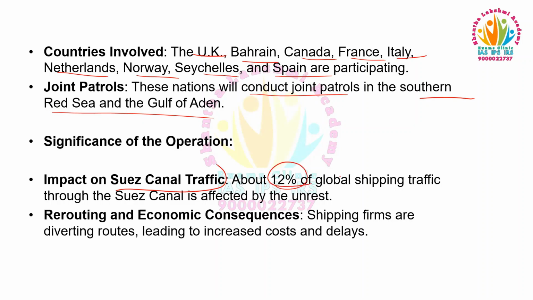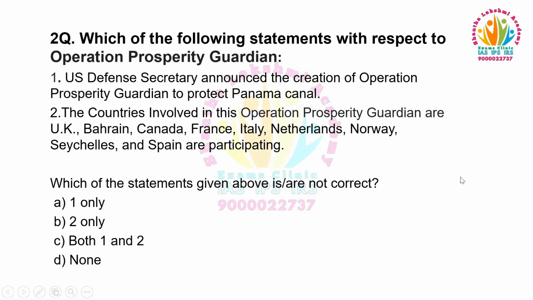About 12% of global shipping traffic through the Suez Canal is affected by the unrest. Shipping firms are rerouting, leading to increased costs and delays. So the answer is two only, because Operation Prosperity Guardian is to protect the Red Sea, not the Panama Canal.